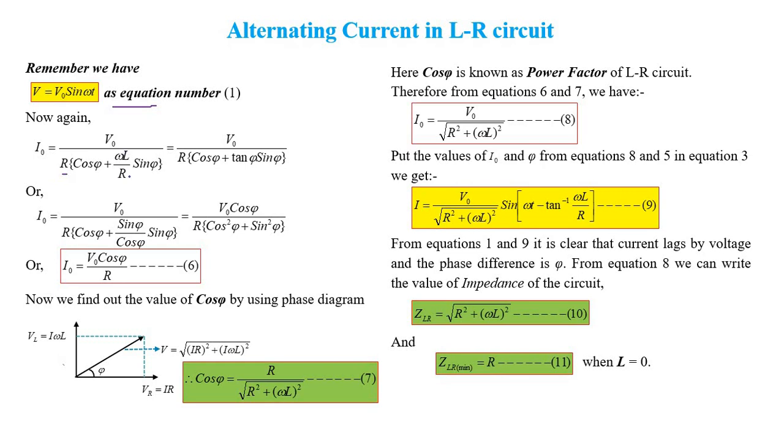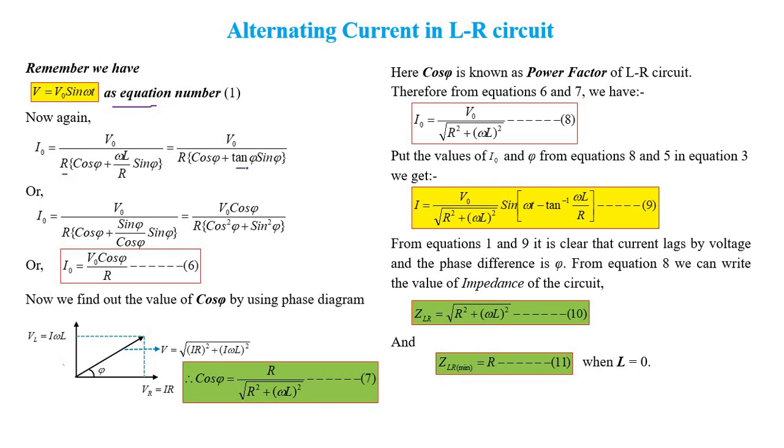We have got this, as we know that omega L upon R is tan phi, you can see in previous slide. So put this value over here. So V0 upon R into cos phi plus tan phi sin phi.